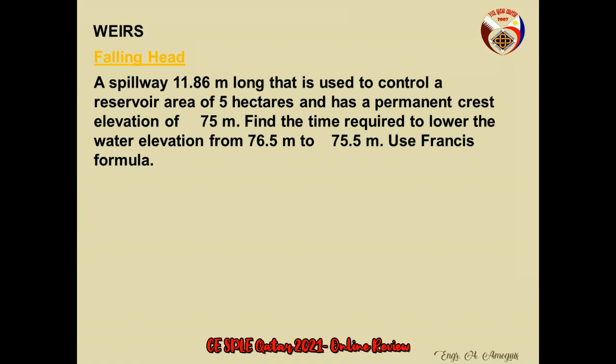May iba't iba yung Q. Unlike kanina sa orifice, yung Q ng orifice, isa lang: C area of orifice, square root of 2gH. But dito, walang ganon derived equation. So, dito ka lang iikot. Pinaka-end mo is hanggang dito lang: AS times integral of dH over Q of weir. No?